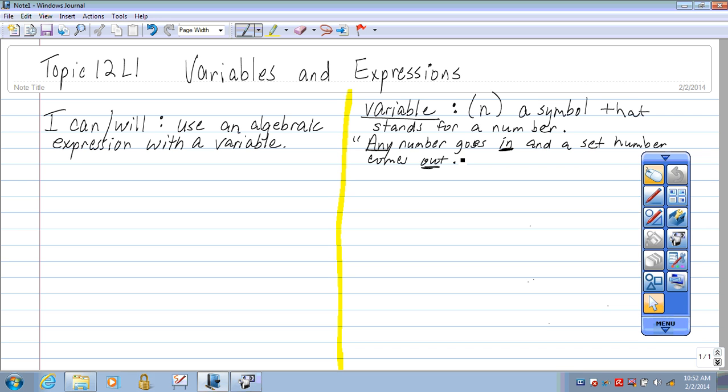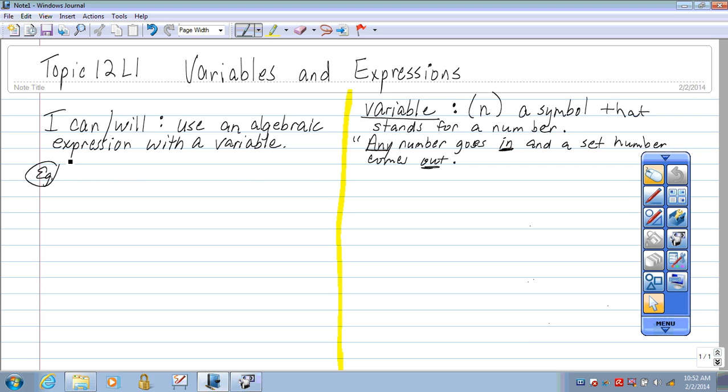And what that means is if you're doing an in and out box, the in is the any number, sounds like any number, and it's in the in box for the most part. They can change that around and be tricky with you, but for the most part, it's in the in box. So let's look at a situation or an example of that.